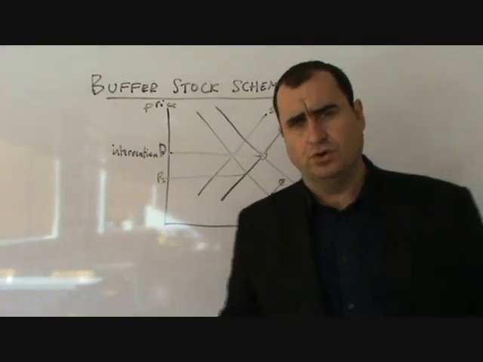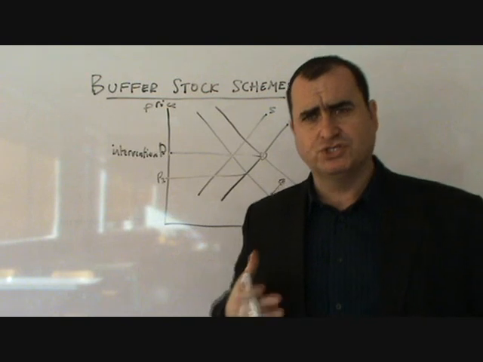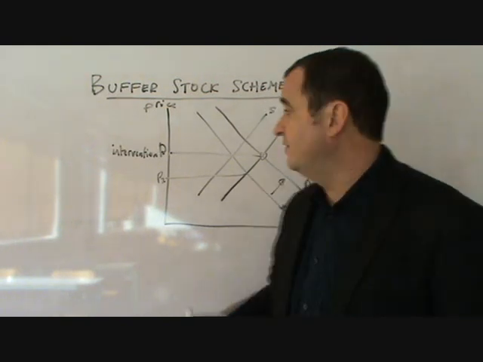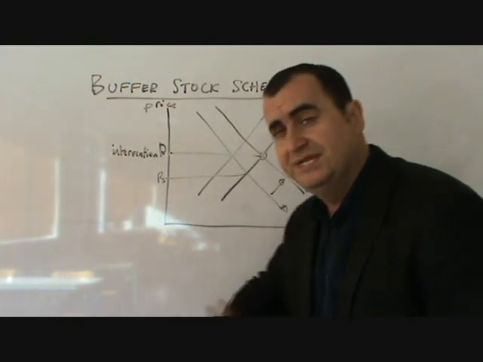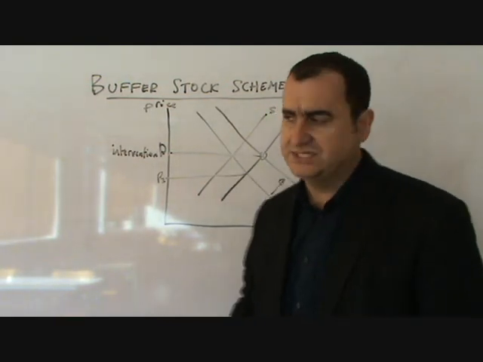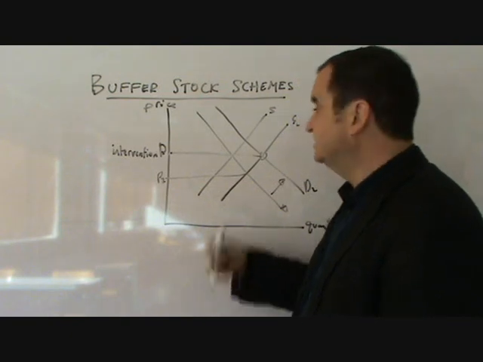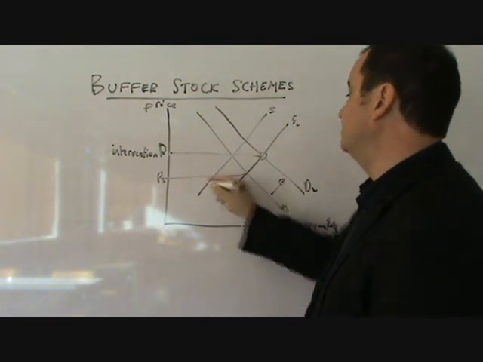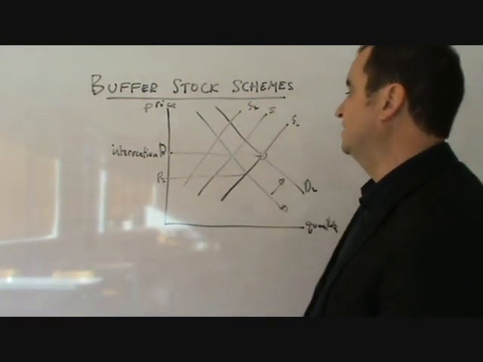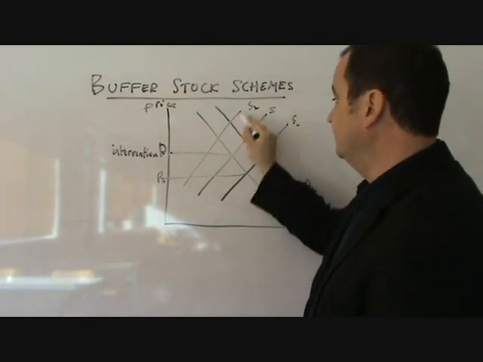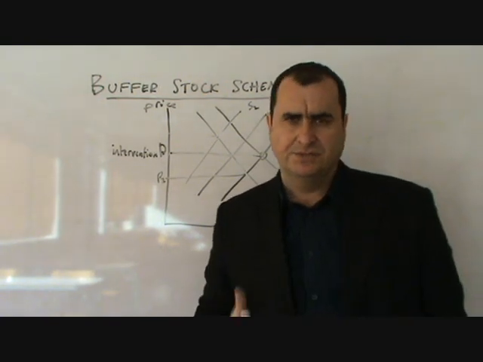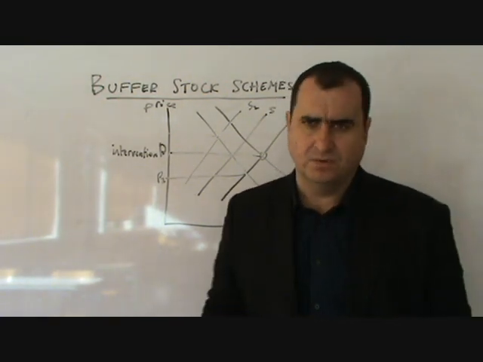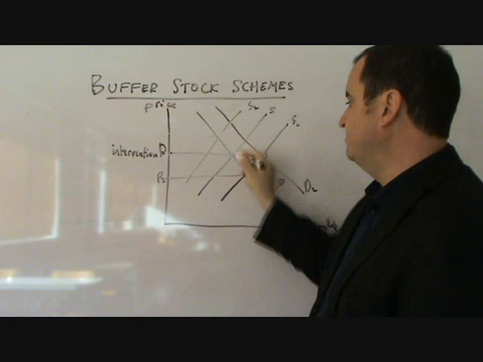Then they've got a store of cocoa beans, ready for when the price goes too high. If the price is too high, they release their store of cocoa beans, and that lowers the price. So let's imagine the next year there was a terrible shortage of cocoa beans, and we're back on this supply curve and this demand curve, the price was too high. They would release the store of cocoa beans they previously bought, and that would raise the supply and bring the price back down.